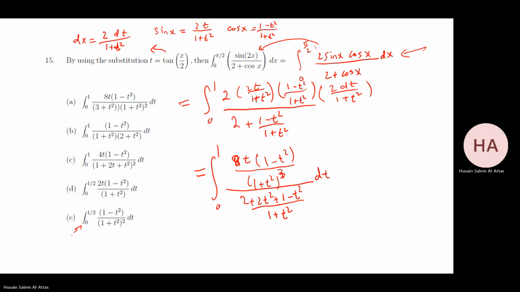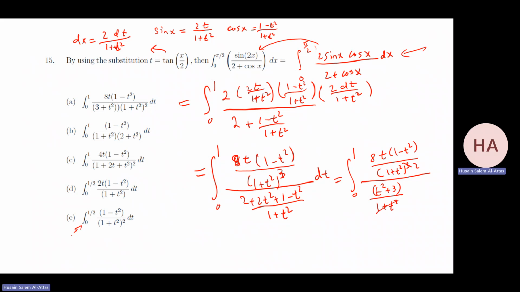So what will I get? We'll get the integral from 0 to 1 of 8t times 1 minus t squared over this cubed, over this one, which is t squared plus 3 all over 1 plus t squared. This cancelled. I have 2 here.